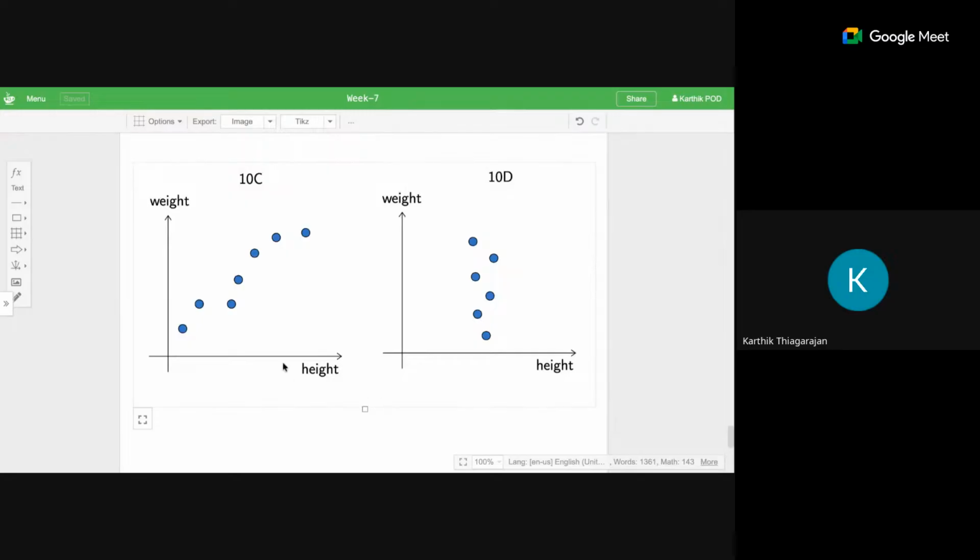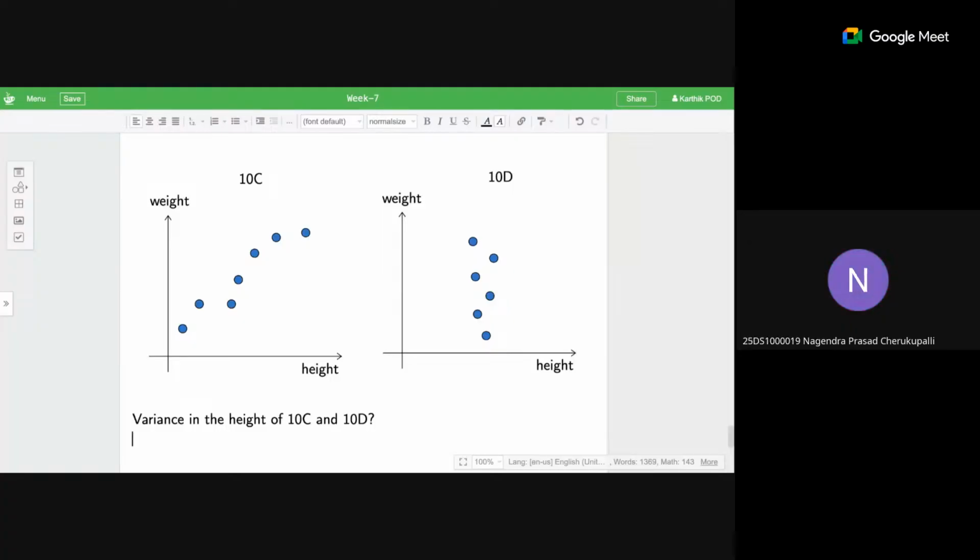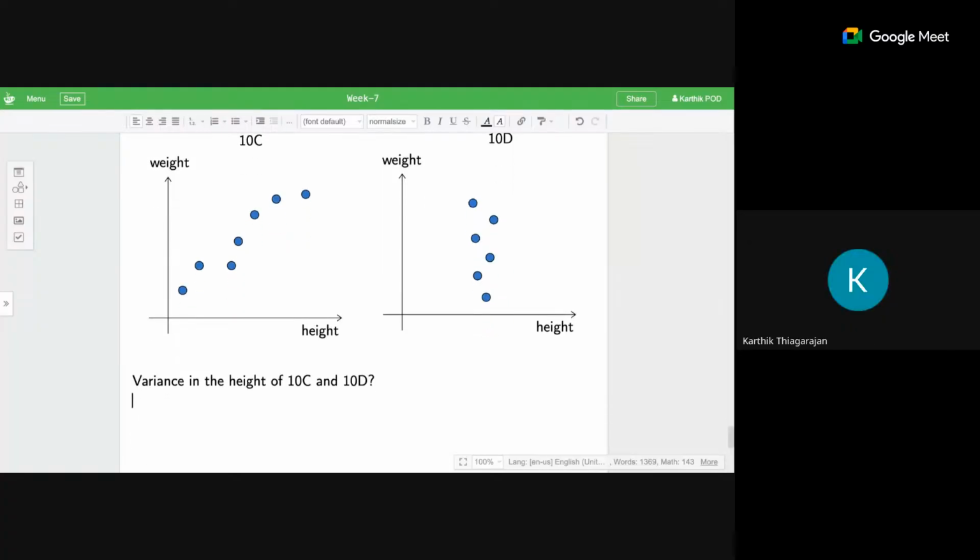So what can you say about the variance in the height of 10C and 10D? Which is having higher variance? Okay, 10C is having higher variance, right?